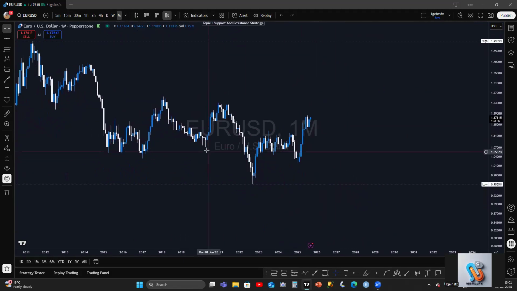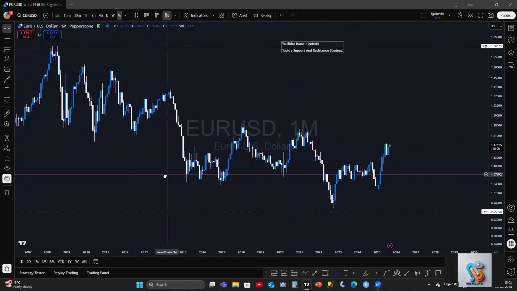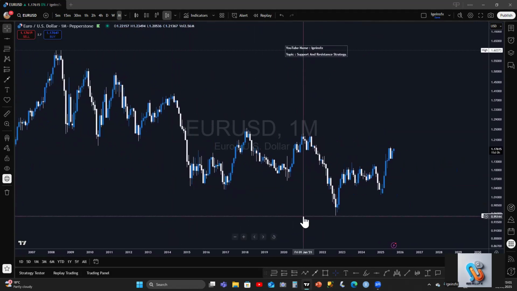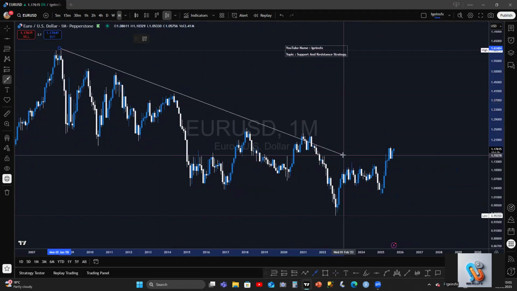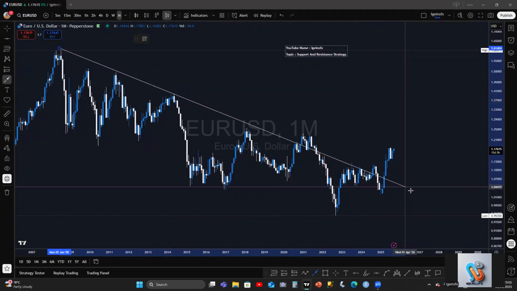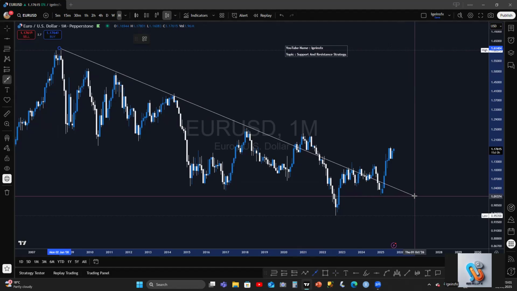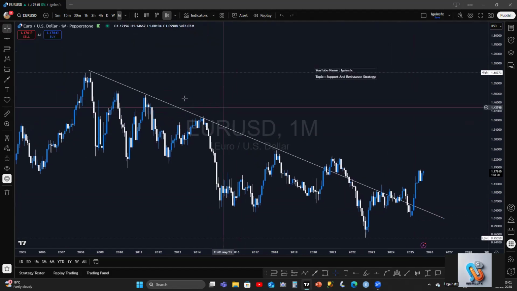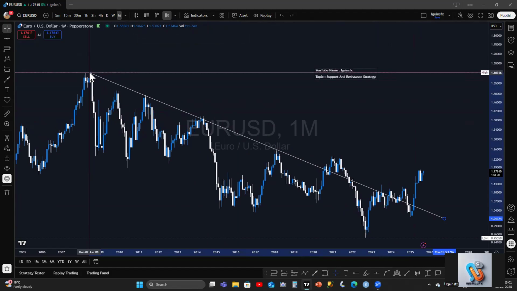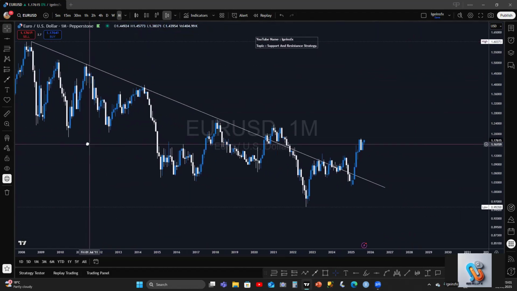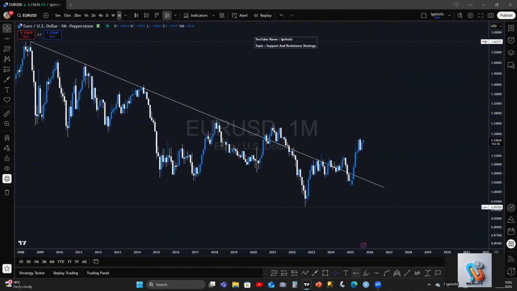First, what you notice here is that we've been going down. It's been pushing to the downside. This is a trend line for you to know that it's been pushing to the downside, and the outer trend line, you plot it from here.